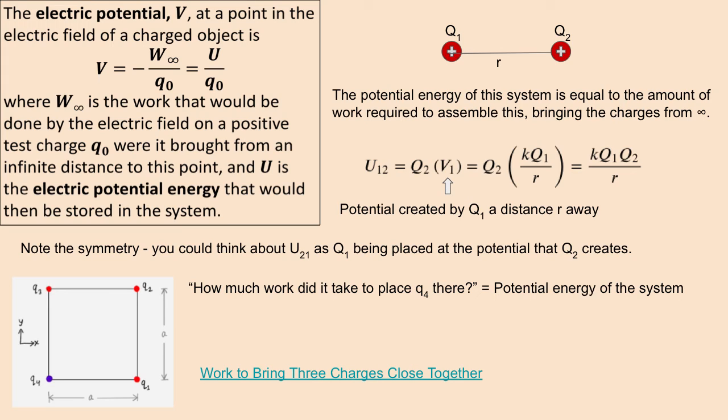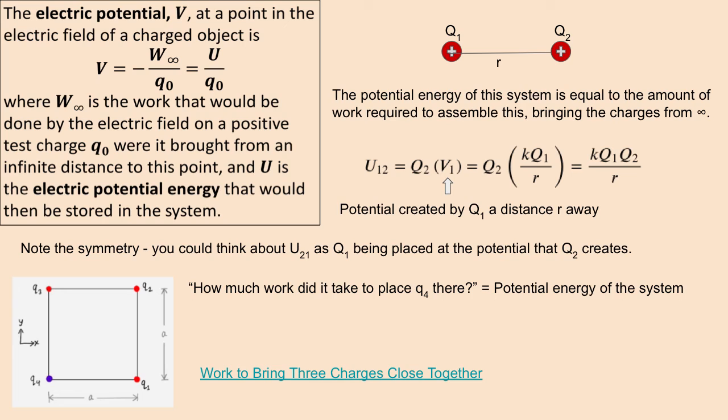And you can look at it like this: U12, so that's the potential energy in that system of charge 1 and charge 2. You can think about it as you placed Q2 at the potential that Q1 created a distance R away.